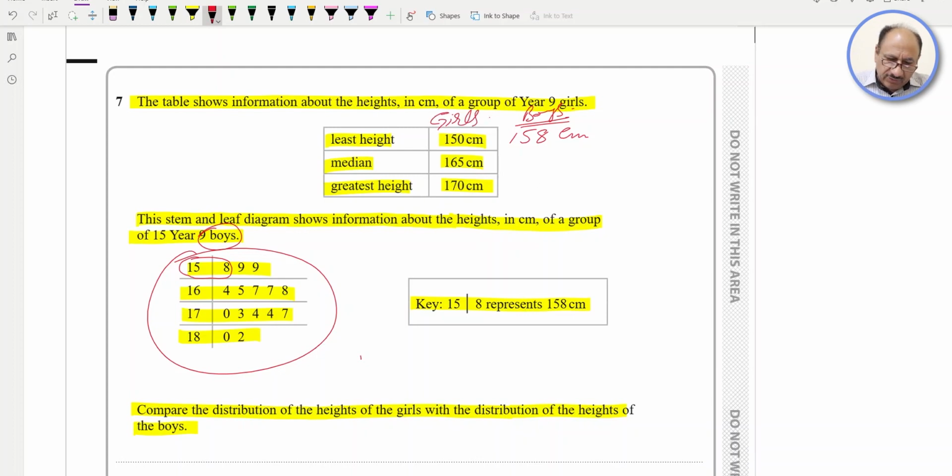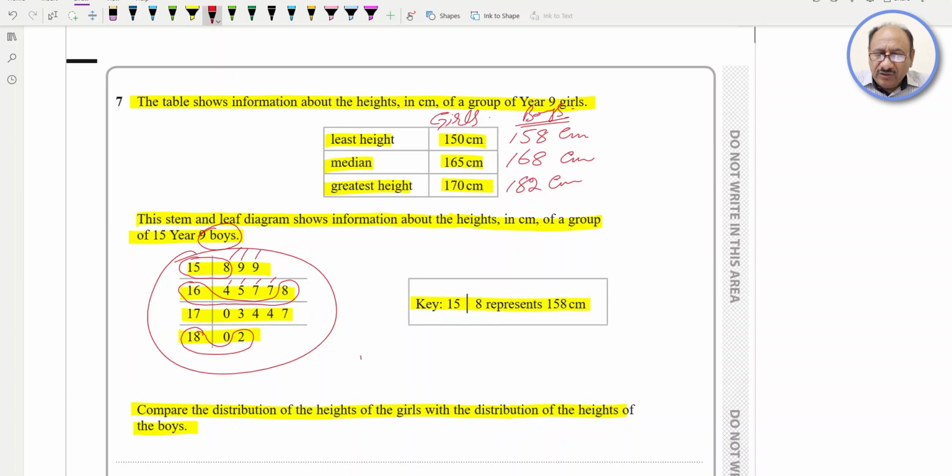So 158, and the maximum height is 182 if we combine these. So it will be 182 centimeters, and the median, out of 15, will be the 8th value. So we'll count from here 1 2 3 4 5 6 7 and 8. So 1 6 and 8, this will be forming 168. So 168 centimeters will be the median.